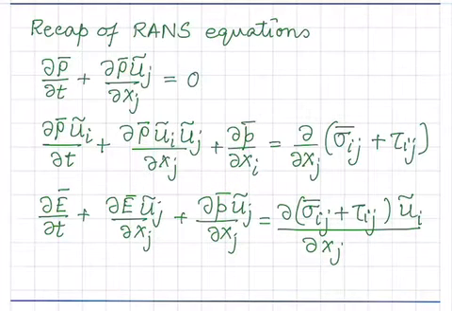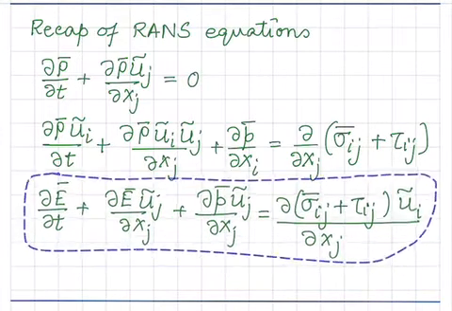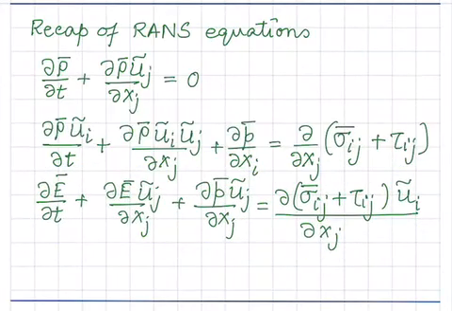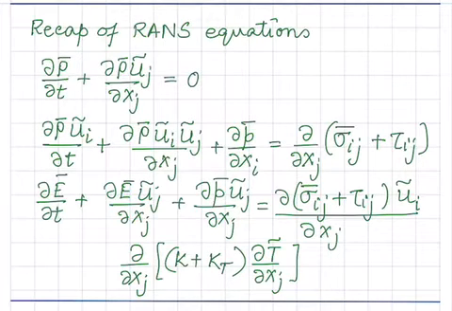Let me make a bit more space so that I can write the rest of the terms. Okay, now we have two additional terms on the right hand side. One is the heat conduction term, which is kappa plus kappa_T, turbulent, dT/dx_j, and the whole thing another derivative d/dx_j.